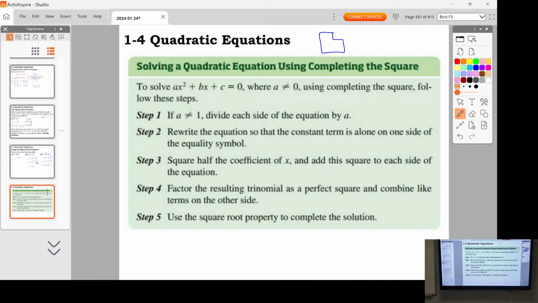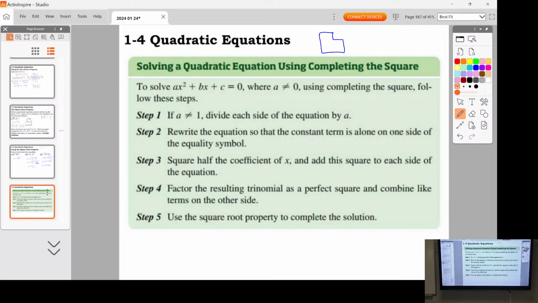Disagree. It's not a perfect square. Can you come up and make it a perfect square? Can anybody come up here and make that a perfect square? I believe in you. What do you want me to do to make it a perfect square?